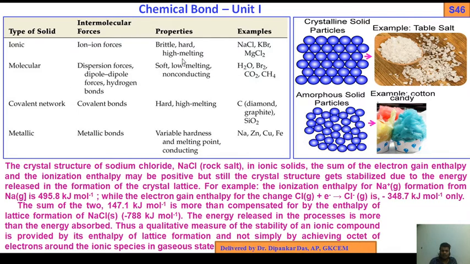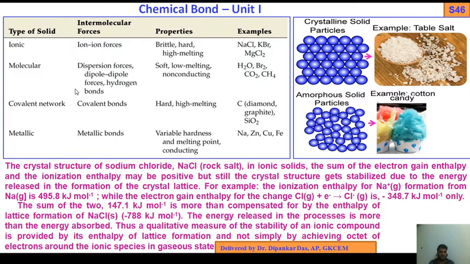Properties: brittle, hard, high melting. Already I have discussed examples, NaCl, KBr, MgCl2, during the discussion of ionic compounds. So ionic solids have ion forces, that is, strong electrostatic forces of attraction present in ionic compounds. So their properties: brittle, hard, high melting point. Examples: NaCl, KBr, magnesium chloride.